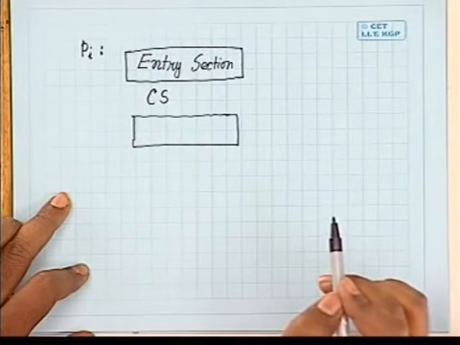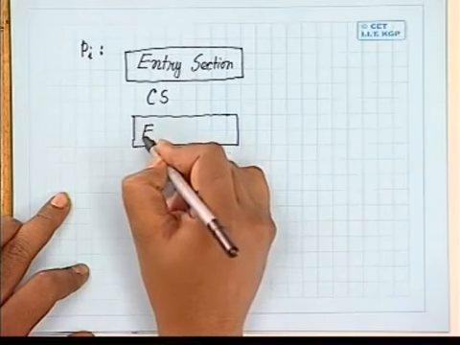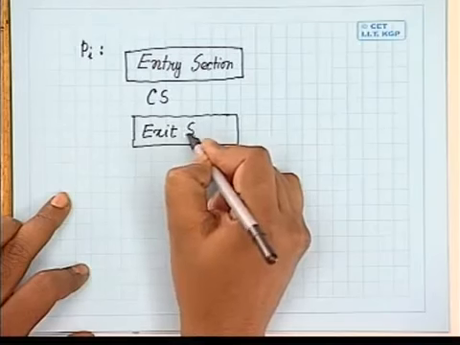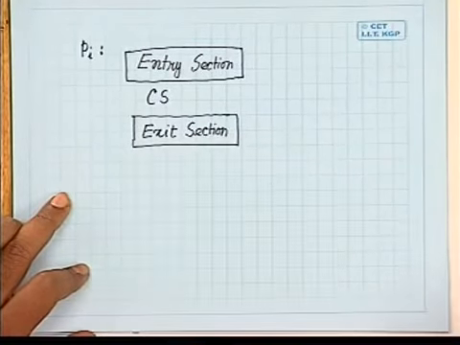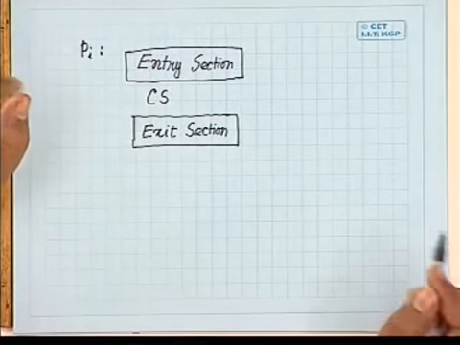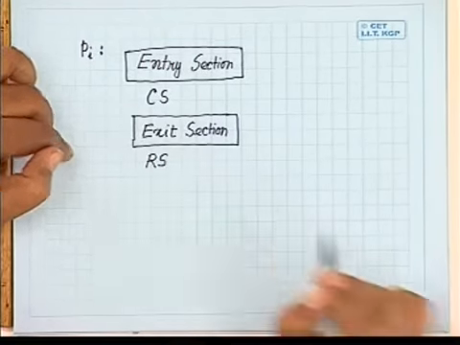That part of the code is called the exit section. And the remaining part of the code is called a remainder section.